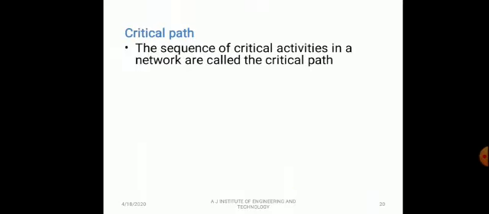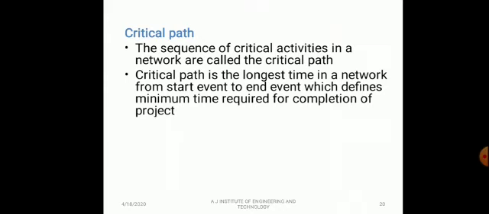Critical path. The sequence of critical activities, where slack time at a node is 0, in a network is called the critical path.